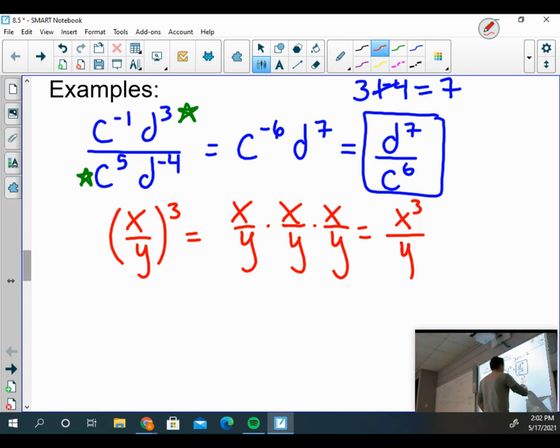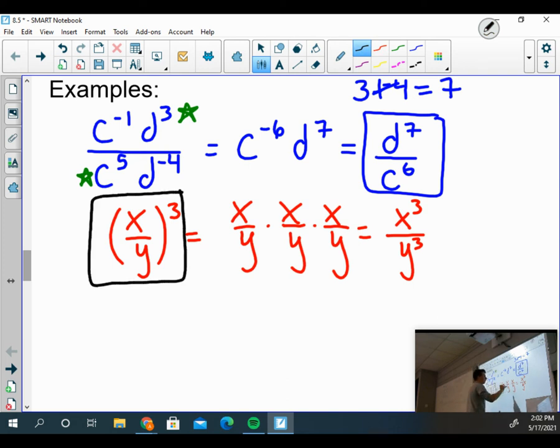And I get x cubed over y cubed, right? I have 3 x's multiplied together, x cubed, 3 y's multiplied together, y cubed. And now that we kind of see our solution in our initial problem, it becomes very clear all we really need to do is distribute that exponent.